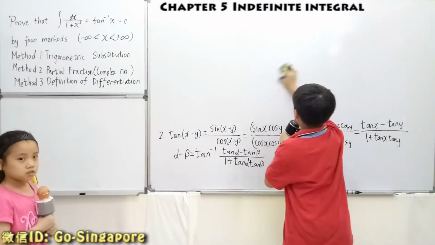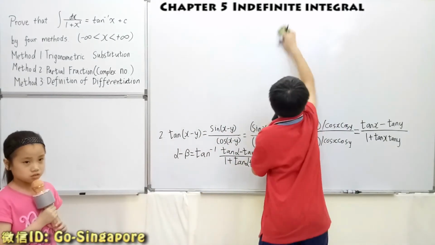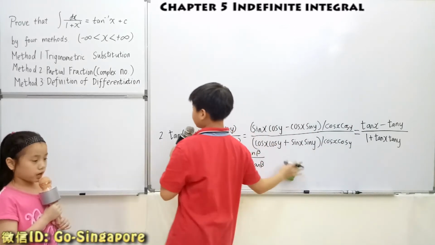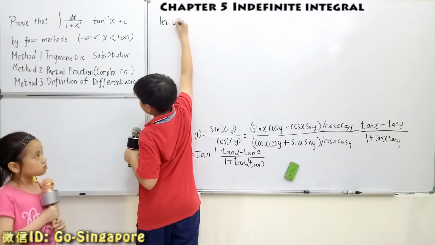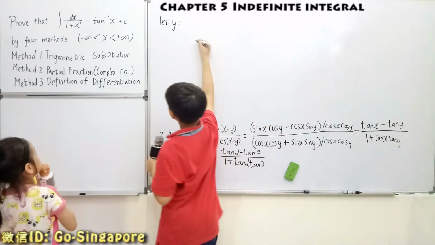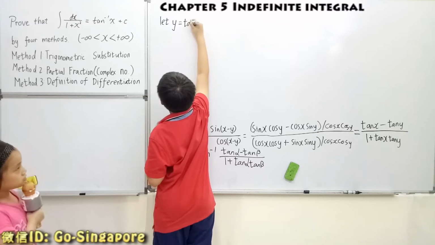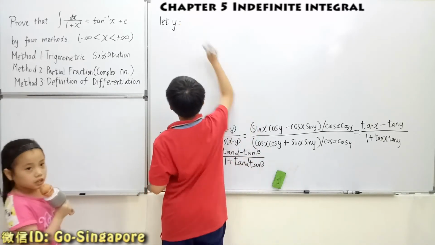So right now, we will need to use the definition of differentiation, right? We can let y be something, f of x, which is tangent x.